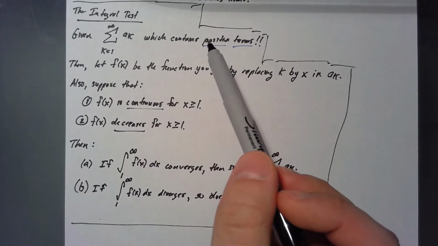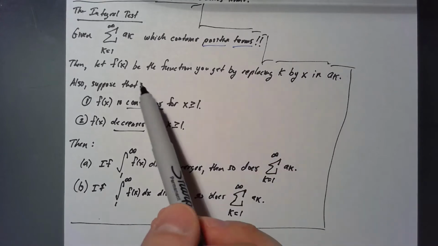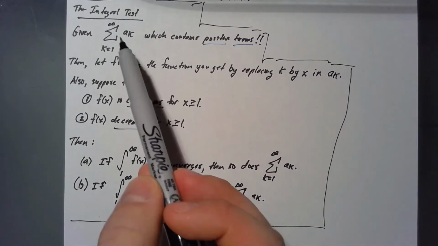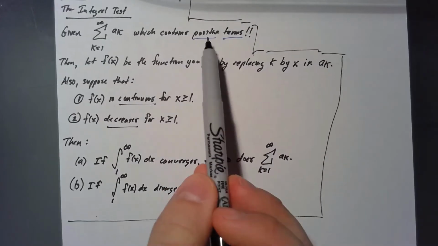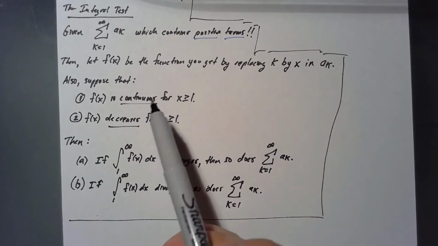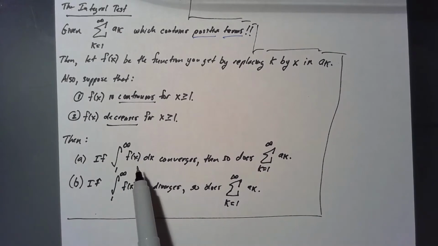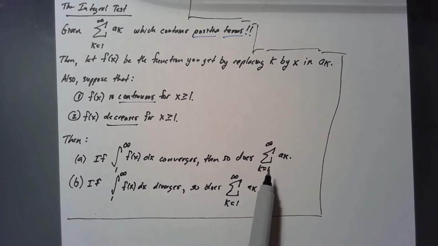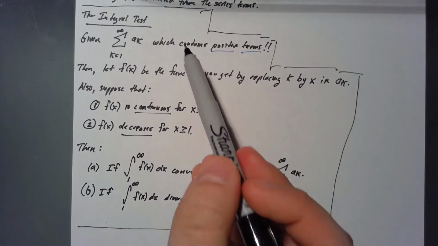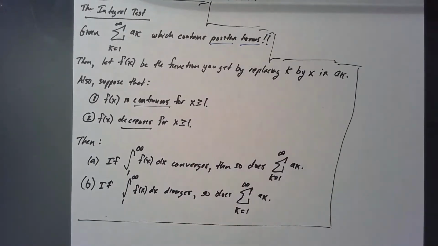You have to make sure that it's a positive term series, it's continuous, and it's decreasing for the series. If these three things are true, then you could compute this improper integral. If the improper integral converges, then the original series converges. If the improper integral diverges, then the original series diverges. So there's a lot of steps to the integral test, but that's the basic structure of how you do it.